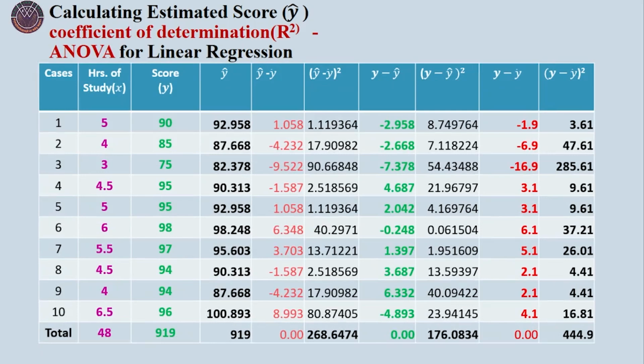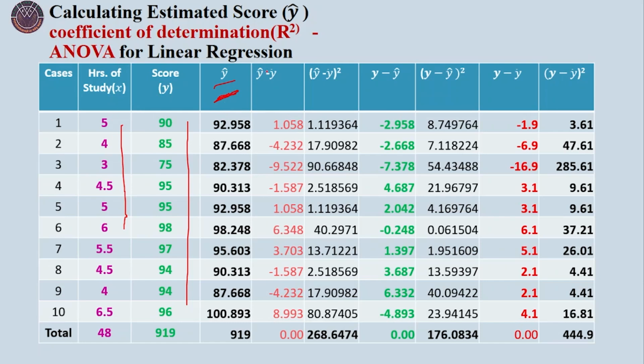This is our example. We have hours of study and the scores, which were already in our question. Now by using the regression equation, with the values of beta 0, beta 1 and x, we can always predict y.